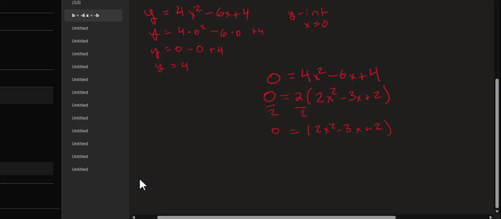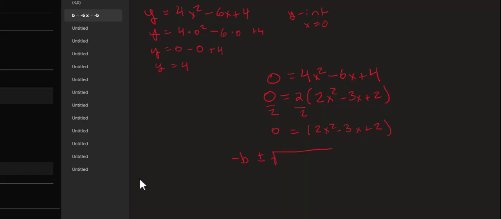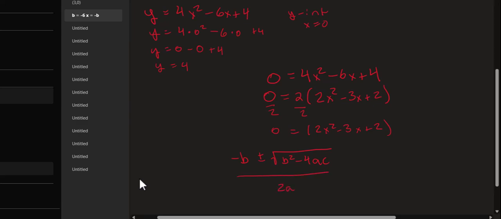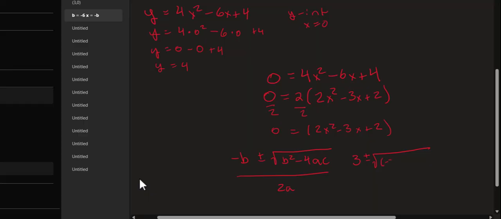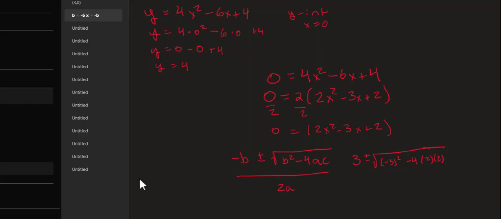Now you can use the quadratic formula: -b plus or minus the square root of b squared minus 4ac, all over 2a. So that's minus -3 is 3, plus or minus the square root. Remember, if it's negative, you have to put it in parentheses to square it. b squared minus 4 times a times c, all over 2 times 2.